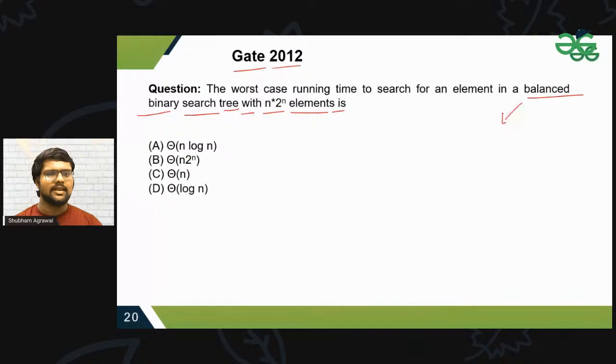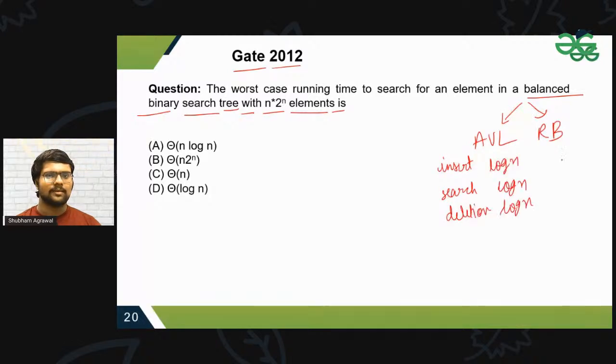In AVL, insertion, search, deletion all take log n time, and in red black also all the operations are done in log n time only, in the worst case. Here I have used order notation, so we are talking about the worst case here.